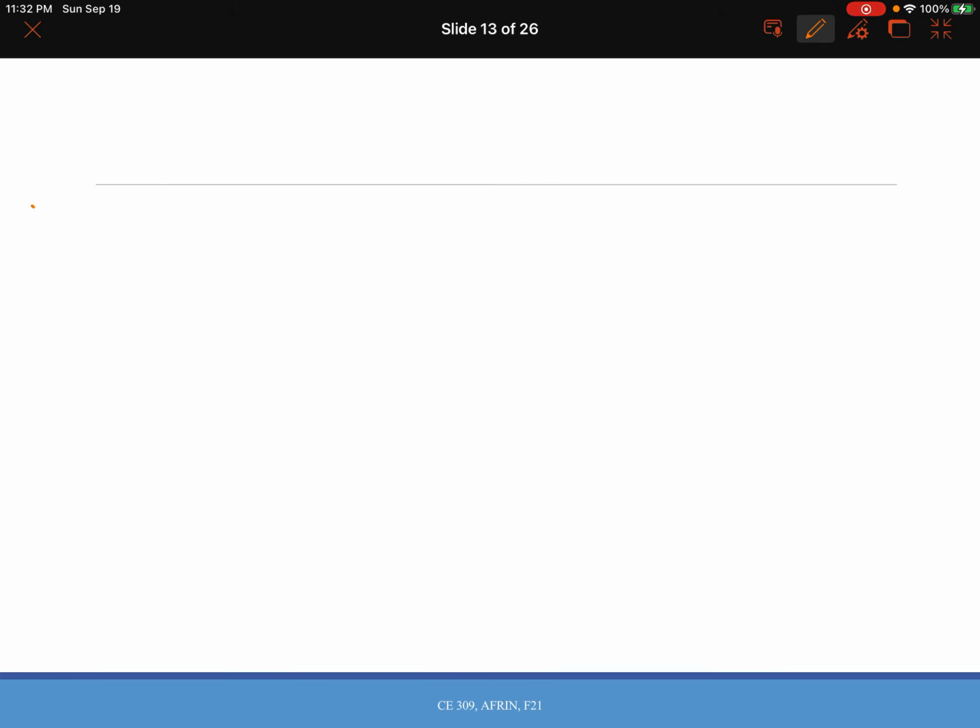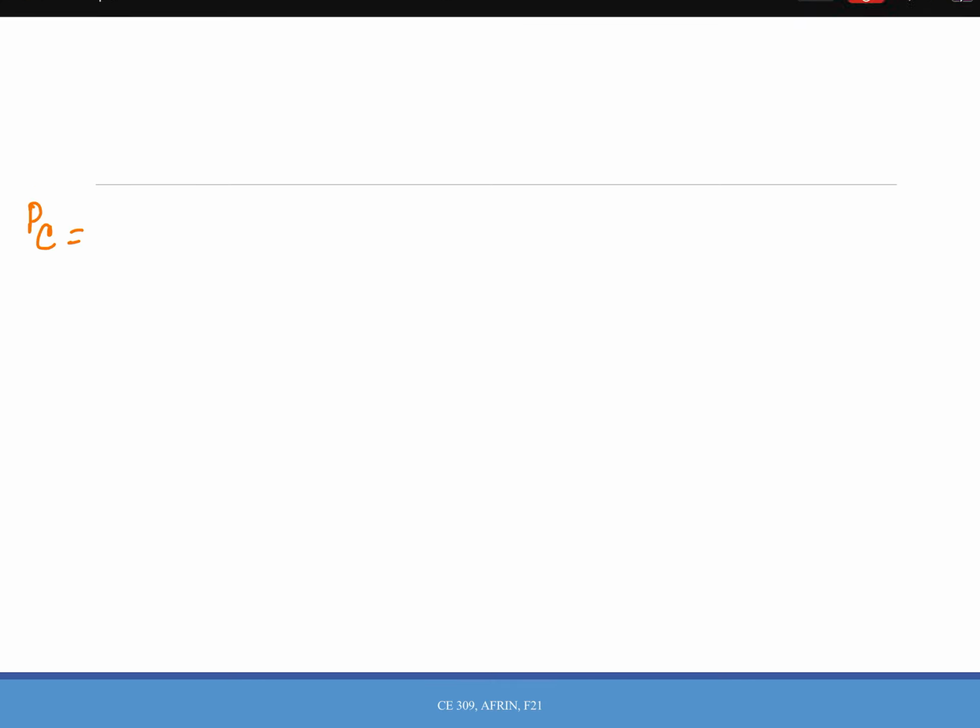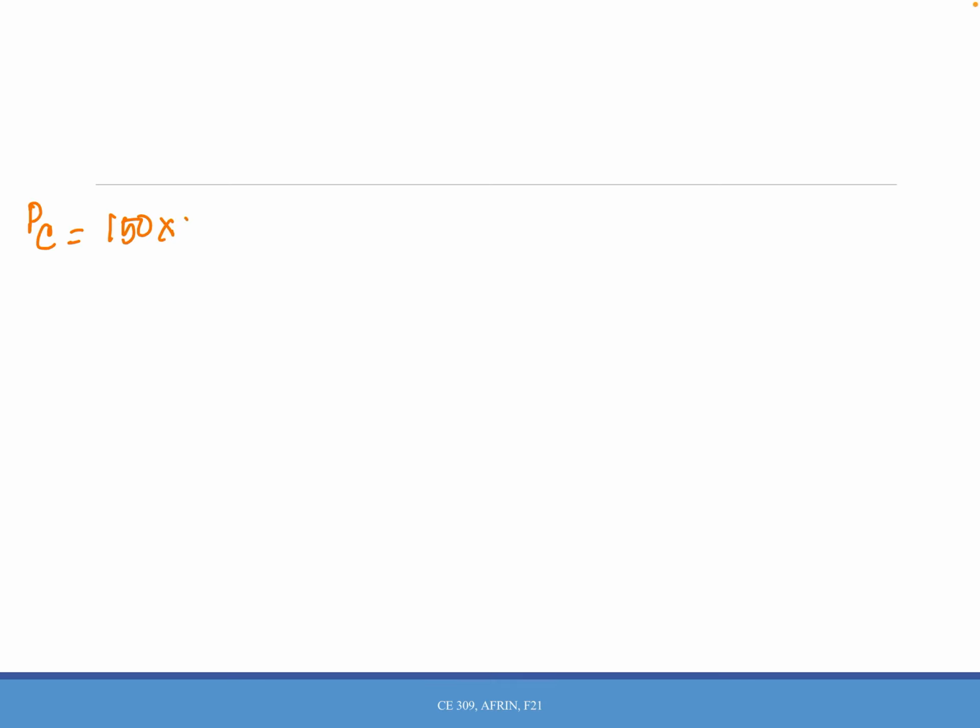Okay, so let's move to the next slide. PC equals 150 times 10 to the power 3. Specific gravity is 0.85.